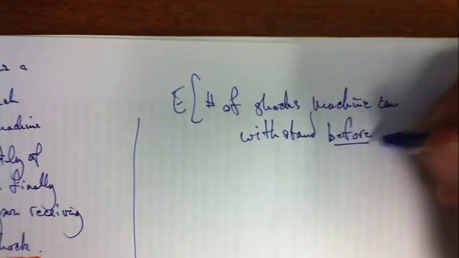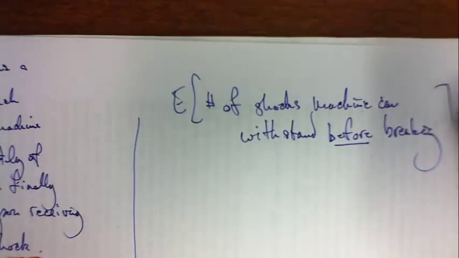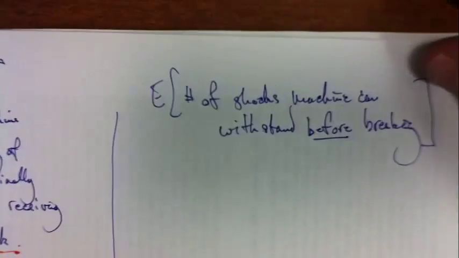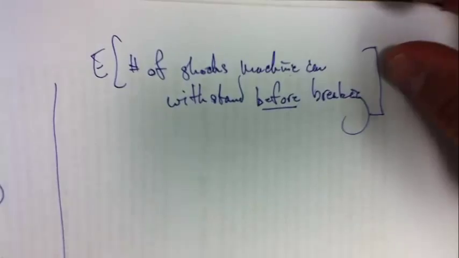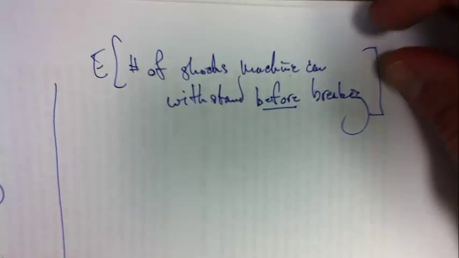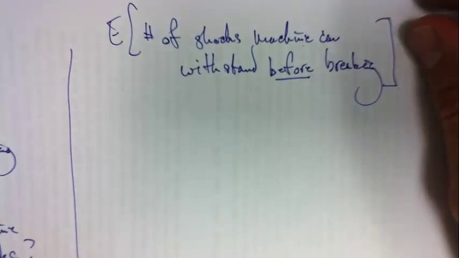Note that we're not actually asking for the expected time until the machine breaks. We want to know how many shocks this thing can withstand and still be functioning, on its last leg, so to speak. I think that's what it means.